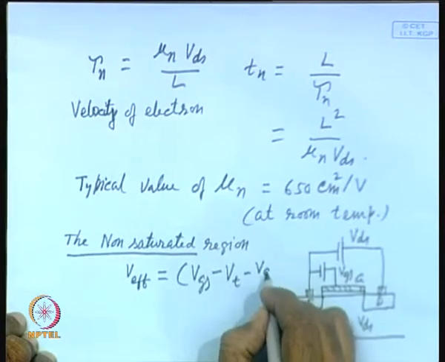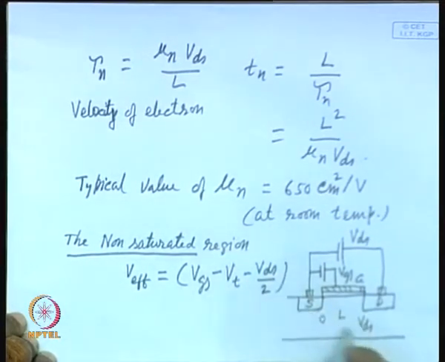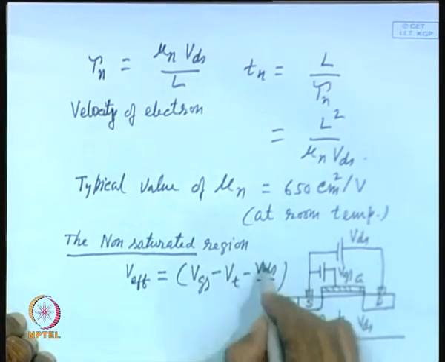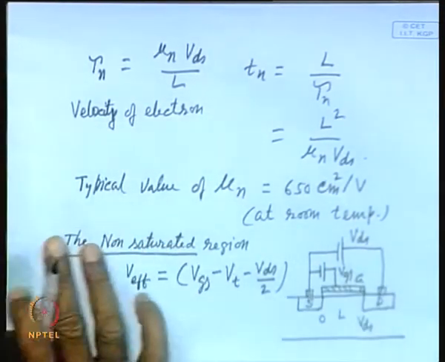As a consequence, the effective gate voltage will be VGS minus VT minus VDS by 2. Of course, it varies across the channel, but we are taking the average value.